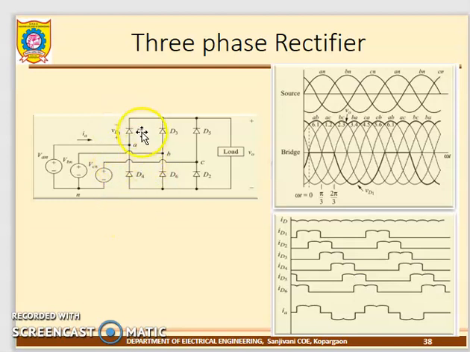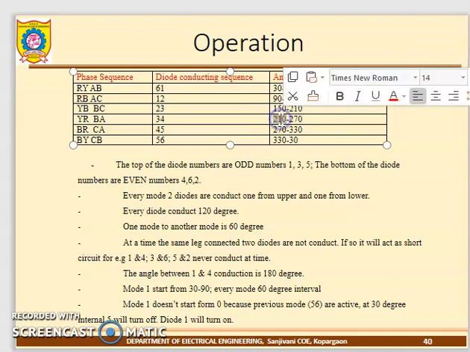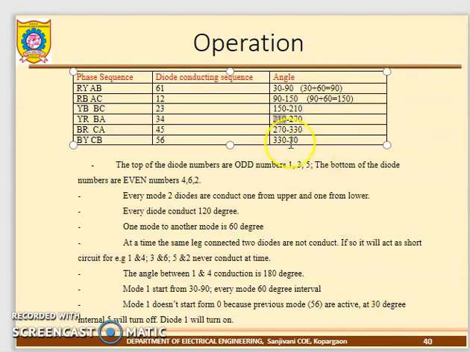How about the angle difference? There is a 180 degree angle difference. D1 is conducted, and after 180 degrees, D4 is conducted. You can look at the diagram here. Where is D1? D1 is conducted here, and after 180 degrees D4 is conducted. See there. So that is the angle difference between D1 and D4.